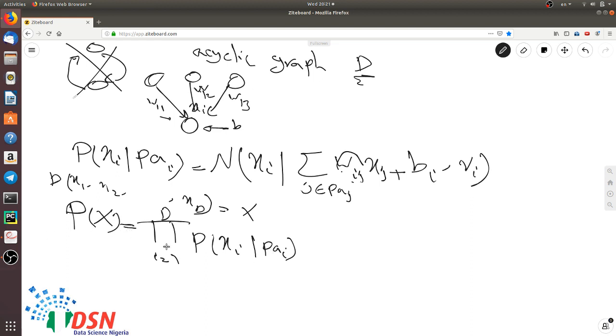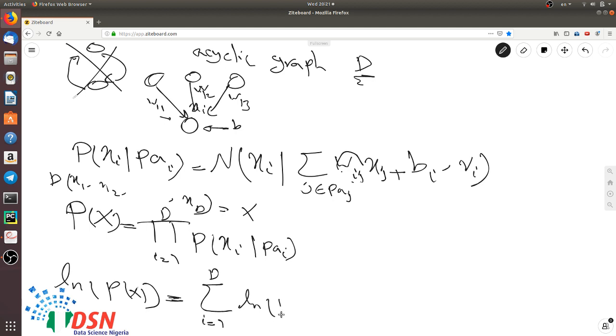Okay, now let's take ln from both sides. If you take the logarithm, then this side converts to a sum, because the logarithm converts product to sum.